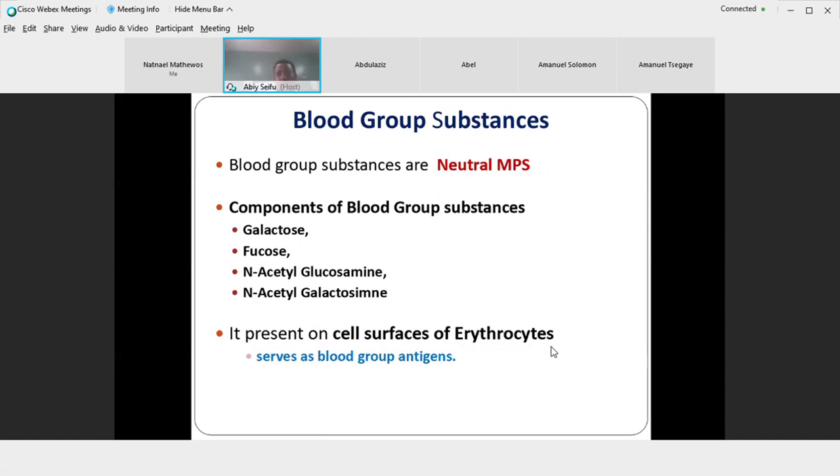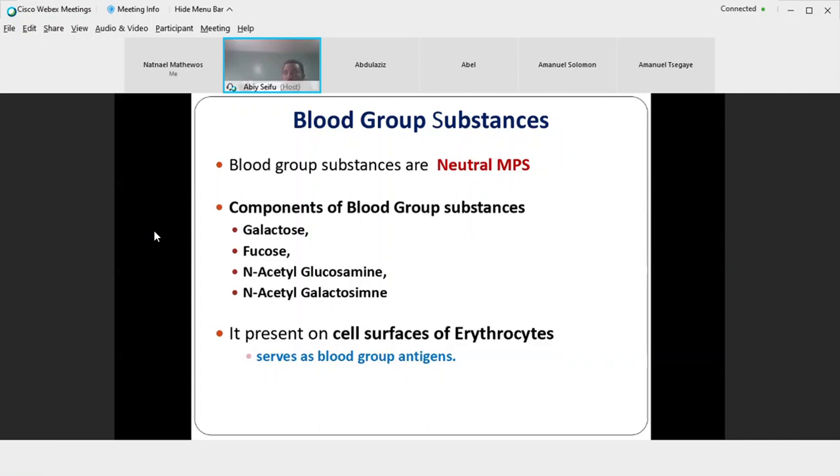Another is blood group substance. These are neutral GAGs, present on the cell surface of our red blood cells. What are the components of blood group substance? The components are galactose, fucose, N-acetylgalactosamine, and N-acetylglucosamine. Blood group substances are glycolipids.